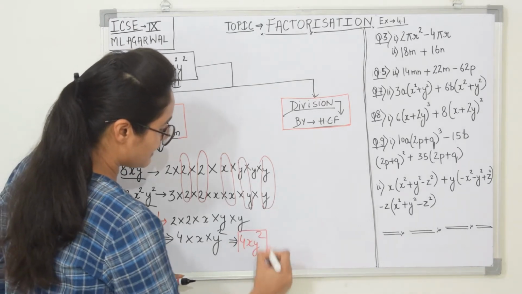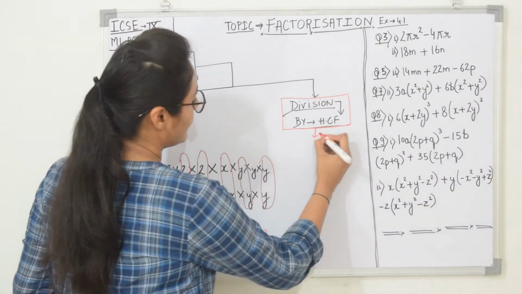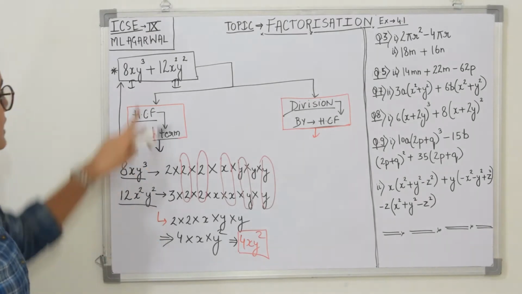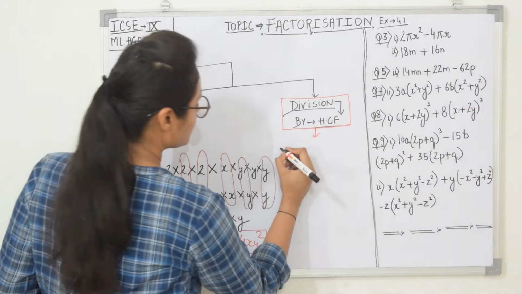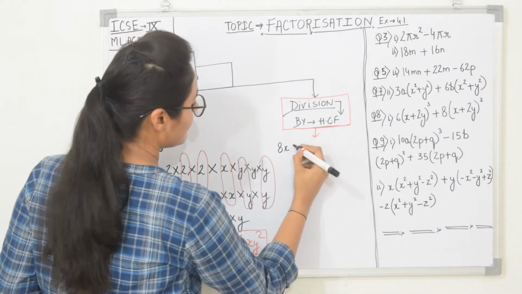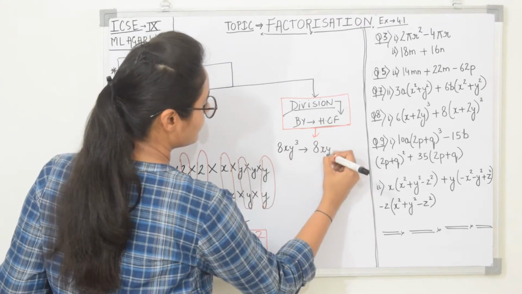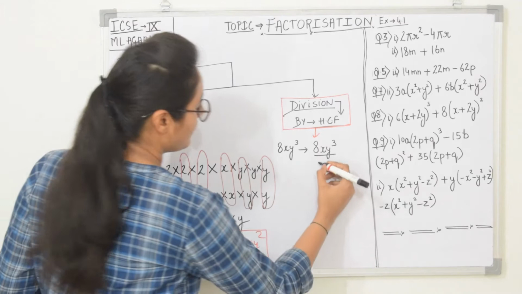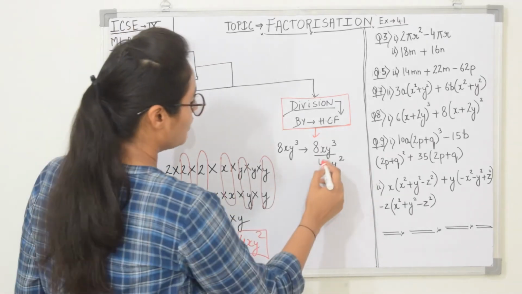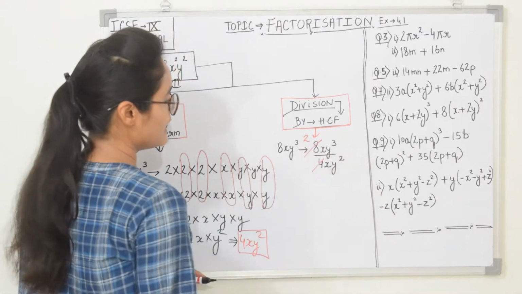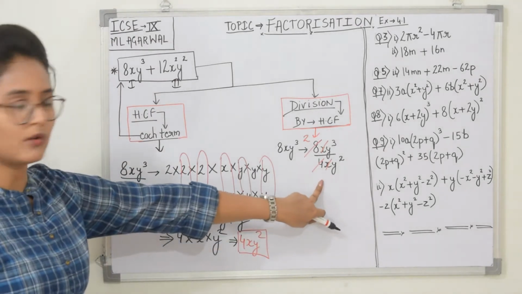So our very first step got completed here. What was the second step? That was division of each and every term of the polynomial by the HCF. Dividing was also very easy, pretty simple. Take 8xy cube and divide it by your HCF. Dividing 8xy cube by 4xy square gives you 4 1s are 4, 2s are 8. x and x are cancelled out, the same number of x we have in the denominator and numerator.